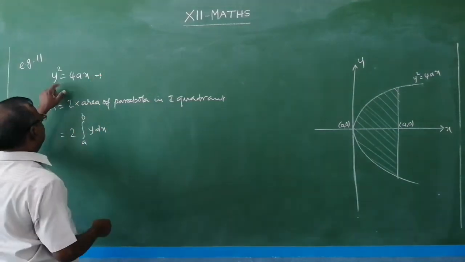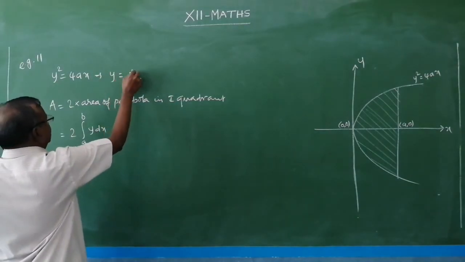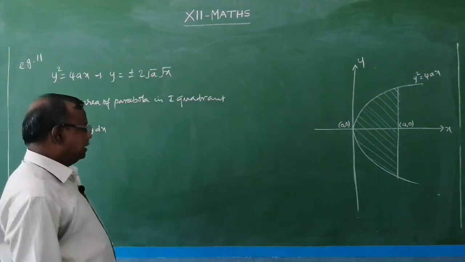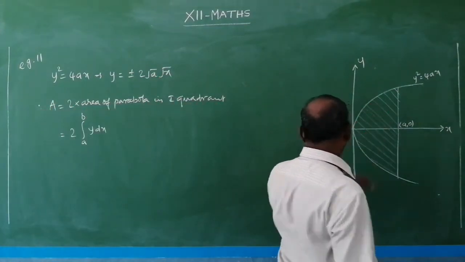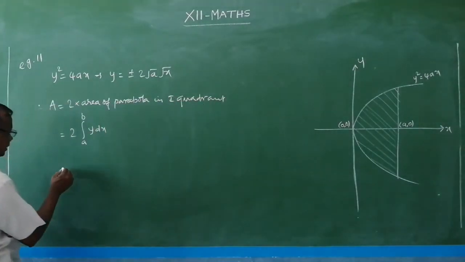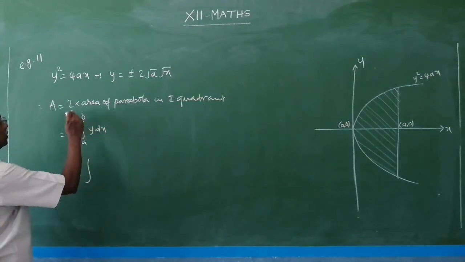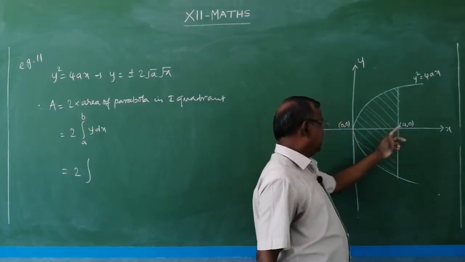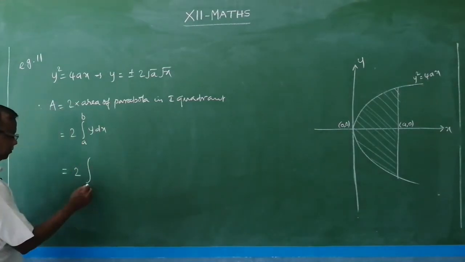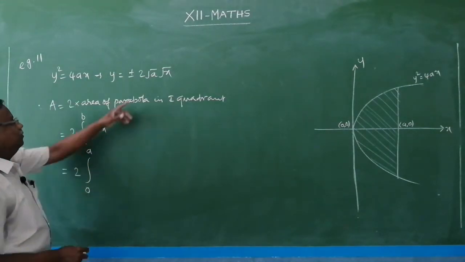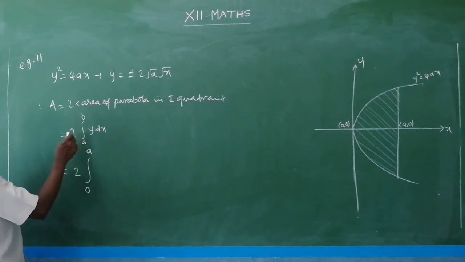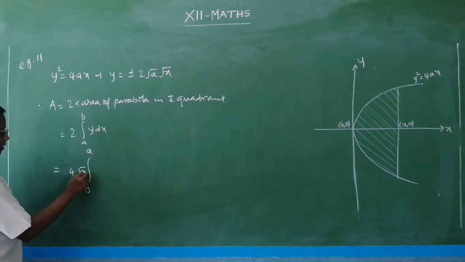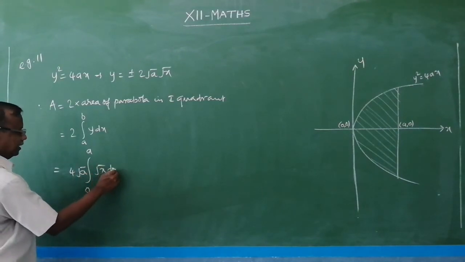Here y square equal to 4ax, therefore y equal to plus or minus 2 root a root x. Since we are taking the area in the first quadrant, y is positive, so it is 2 times integral from 0 to a, the lower limit is 0, the upper limit is a, of 2 root a root x dx, which is 4 root a into root x into dx.